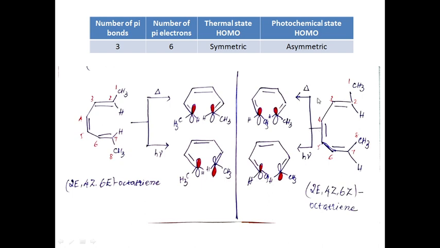Whereas here, under thermal state, you have symmetric in Z configuration, 6Z, and under photochemical state, you will have them on the opposite sides. Okay, the only difference is CH3 on the opposite sides and CH3 on the same sides, because this is Z configuration, this is E configuration.